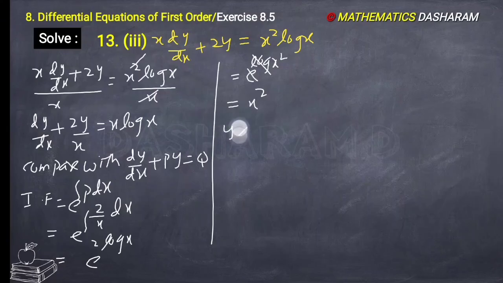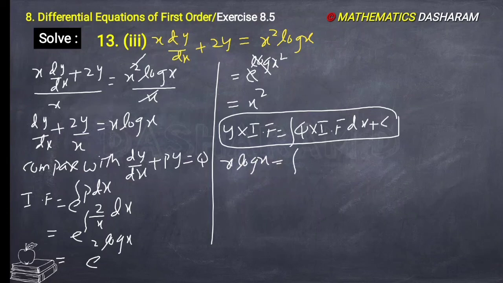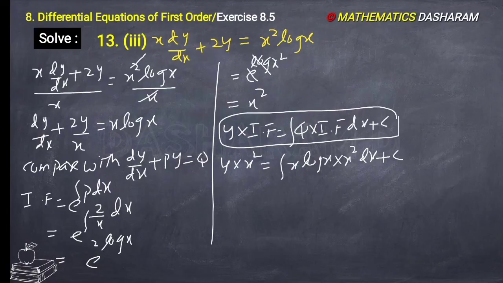Now the solution is y into integrating factor equals integration q into integrating factor dx plus c. So y into integrating factor x square equals integration x into log x into x square dx plus c.